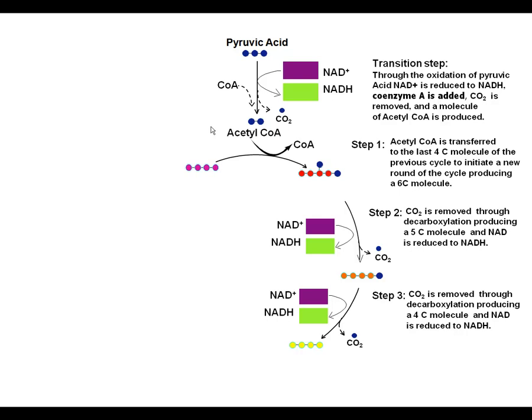What's left are our high energy hydrogens. So we've got a lot of work we still have left to do here. At this point, we have a 4-carbon molecule, and this 4-carbon molecule now can act as a substrate for the phosphorylation of ADP to ATP.